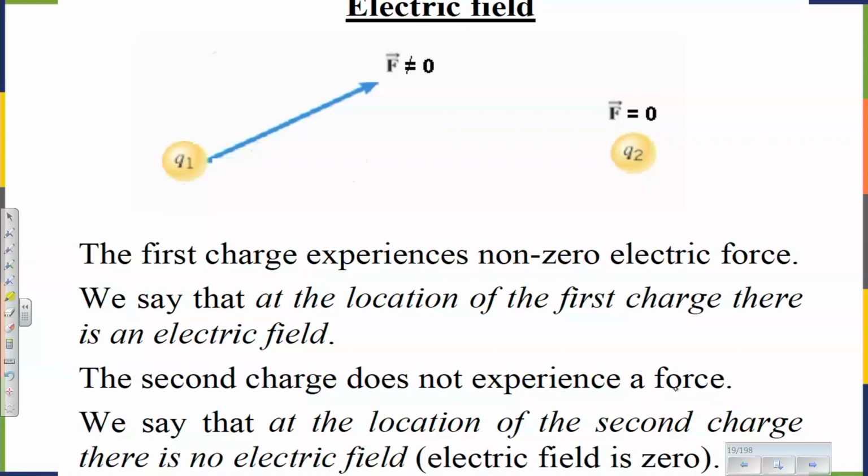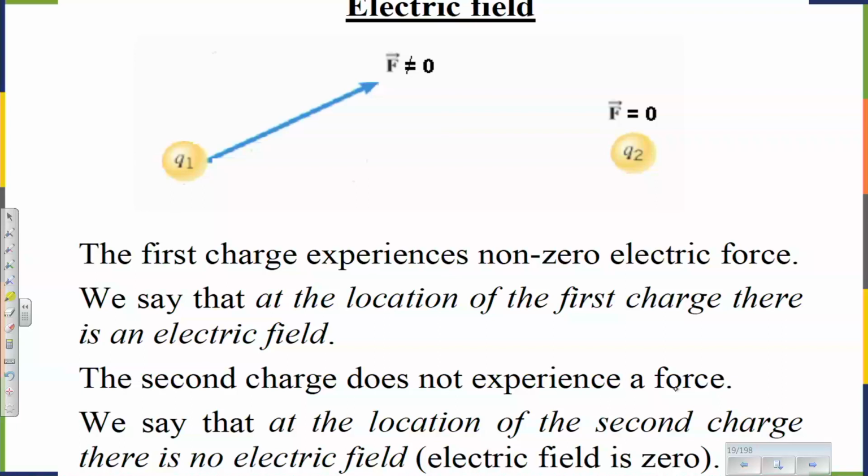So what we can do, we can have a ball attached to a string, have it charged, and just walk around. If the string is vertical, it means electric force is not acting on this ball, and we say there is no electric field here at the location of this ball.